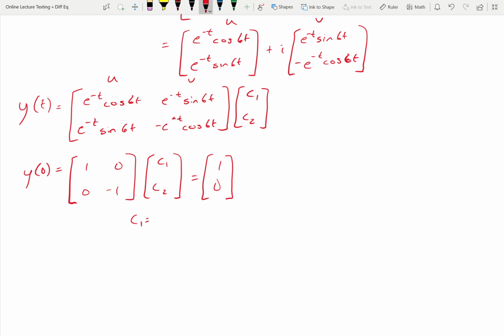Therefore, c1 has to equal 1, and c2 is equal to 0. Thus, our particular solution, our solution to this IVP, is the following: e to the negative t cosine of 6t, and then e to the negative t sine of 6t. All right.